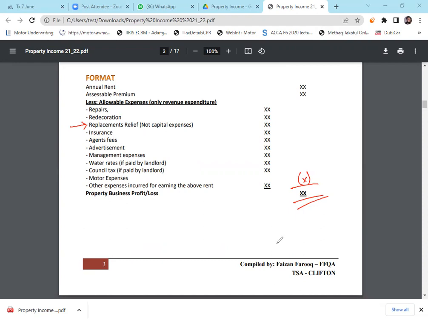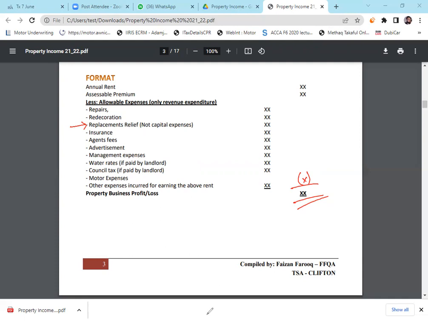But if replacement with an improved version, it's a capital expense as per taxation. Then insurance, agent fees, advertisement, management expenses of property, all the utilities including electricity, water, council, meaning cleanliness expenses. These are all allowed expenses.